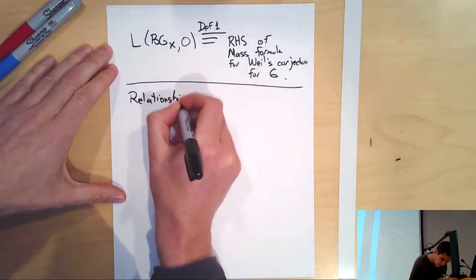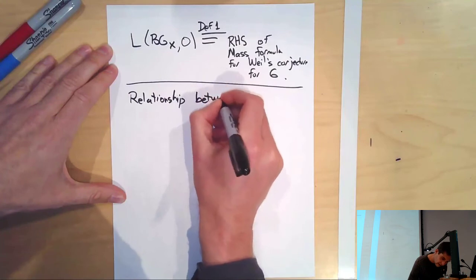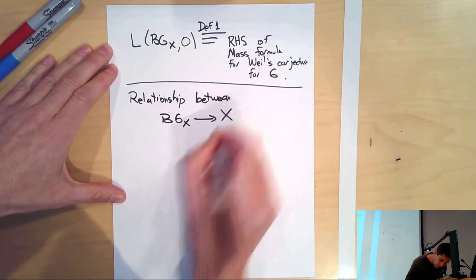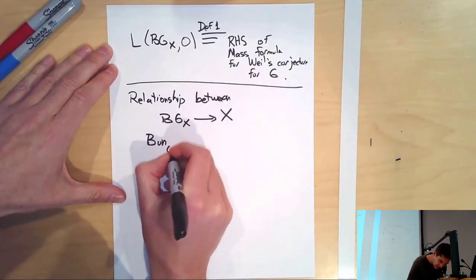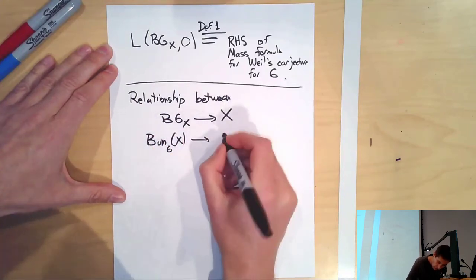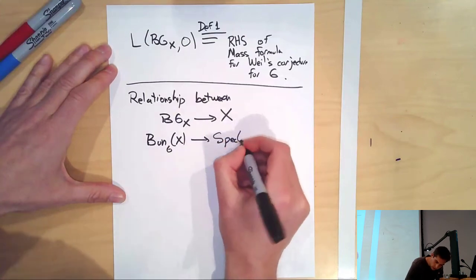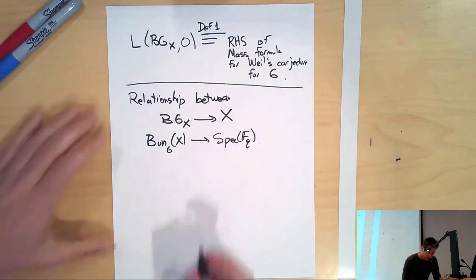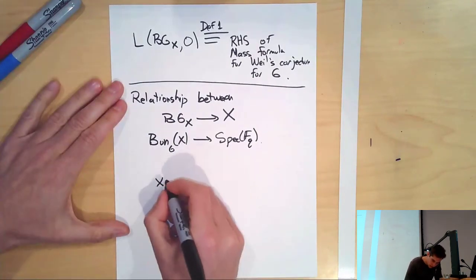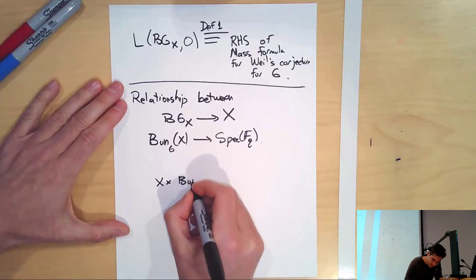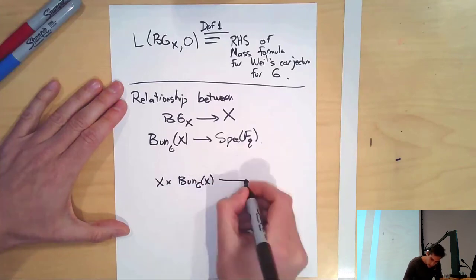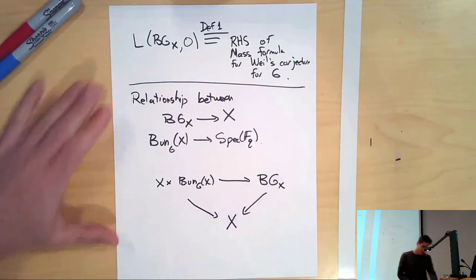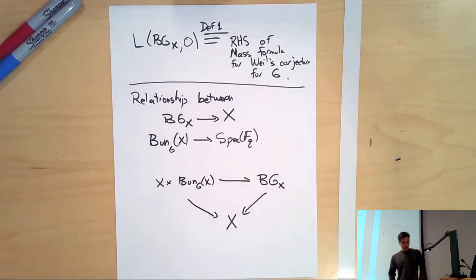There's a relationship between this stack BG_x, which lives over X, and this moduli stack Bun_G,X, which lives over a point, Spec F_q. If I take X cross Bun_G,X, there's a natural map to BG_x, and this is all over X. What are the points of the left-hand side?